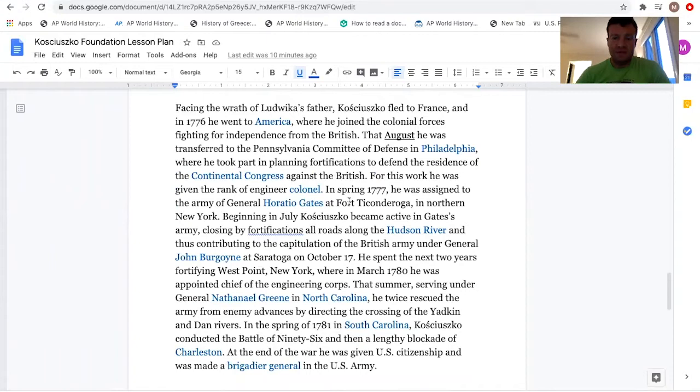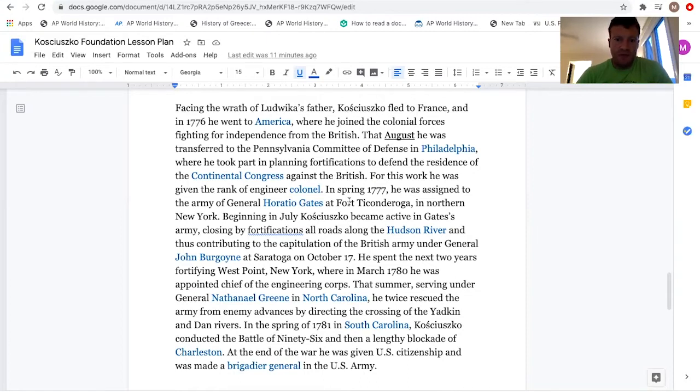In spring 1777, he was assigned to the army of General Horatio Gates at Fort Ticonderoga in northern New York. Beginning in July, Kosciuszko became active in Gates's army, closing by fortifications all roads along the Hudson River, and thus contributing to the capitulation of the British army under General John Burgoyne at Saratoga on October 17th.